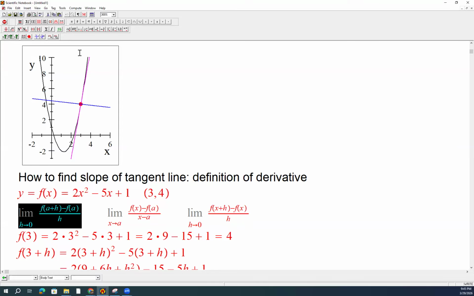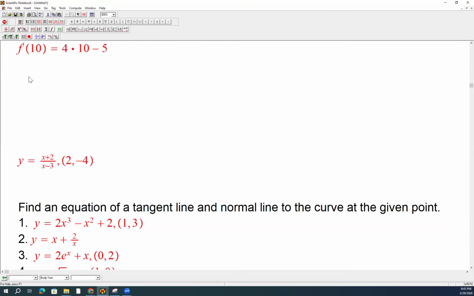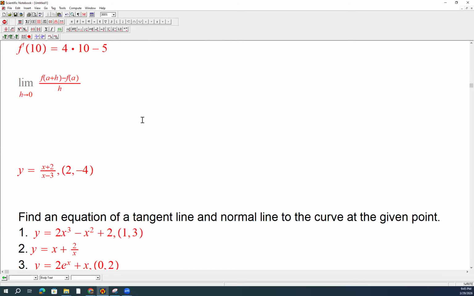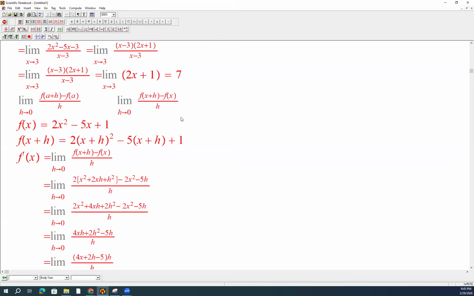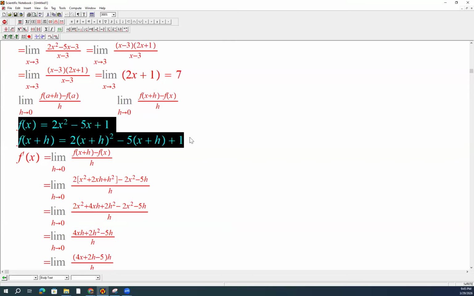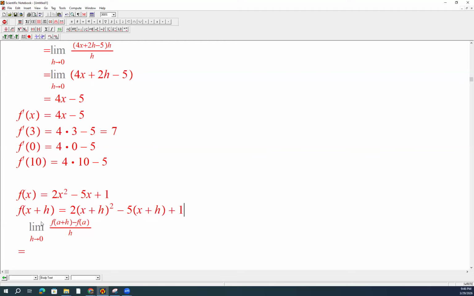What I meant is that if you do f of a plus, instead of using x, you just do a without substituting a by any specific number.